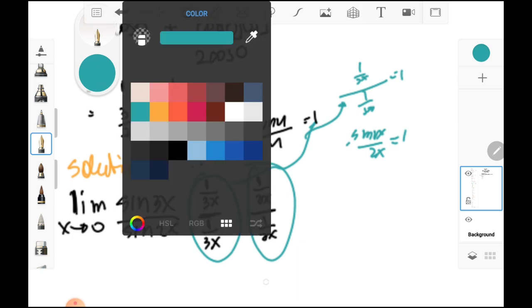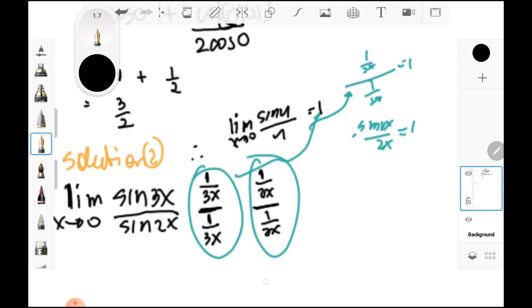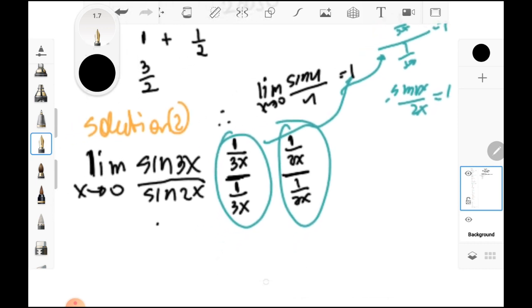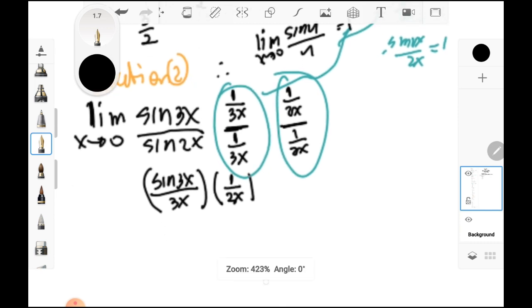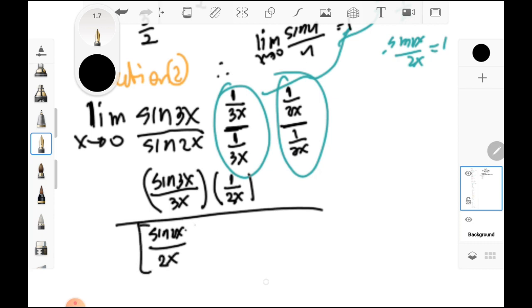By further manipulation of this equation, we'll have sine 3x divided by 3x multiplied by 1 over 2x, divided by sine 2x all over 2x multiplied by 1 over 3x.